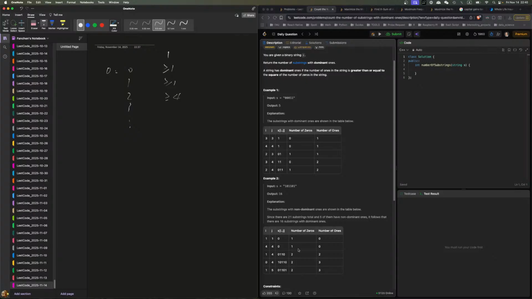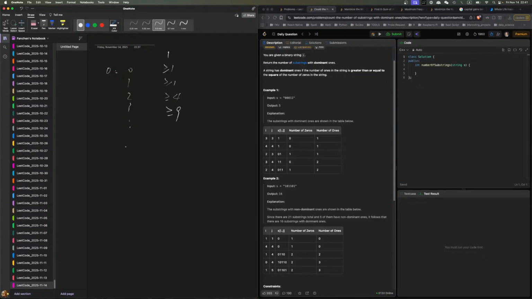So these are the non-dominant ones. It's kind of giving you different ideas. Maybe we can go with the non-dominant ones. But I feel this should be the same, like this should be larger than 9, right?